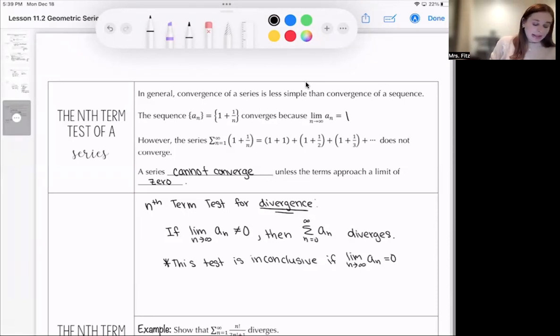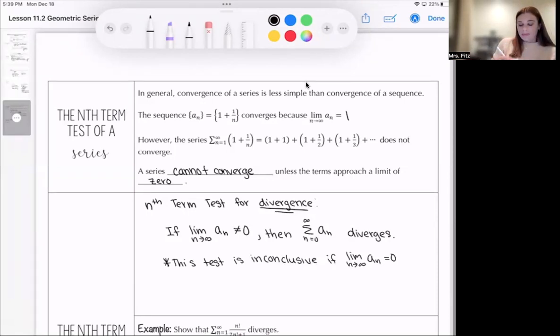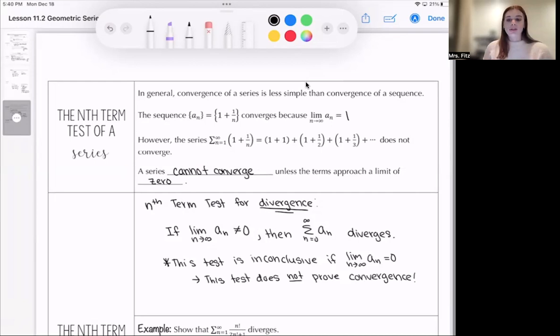In other words, this test does not prove convergence. Okay, so be extremely careful. If your limit as n approaches infinity of a sub n equals 0, this test, throw it out.